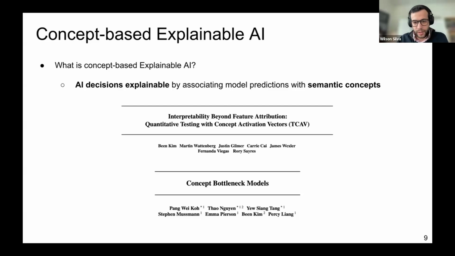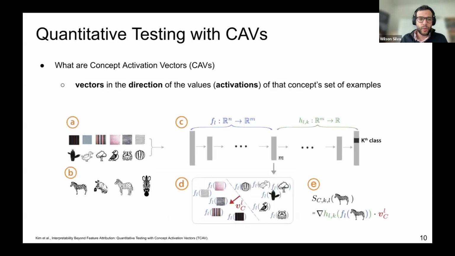And here there are two main approaches that can be described by these two papers. The first one being TCAVs, or Testing with Concept Activation Vectors. And here the idea, and I have a non-medical example, but this is also done in the medical setting, and it's something that we are also exploring even for generalizability purposes.